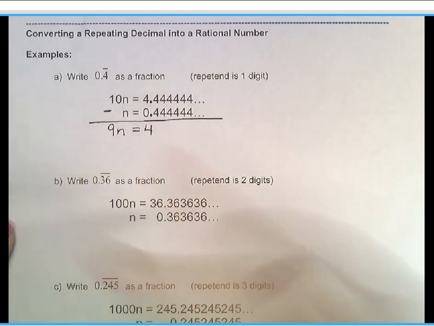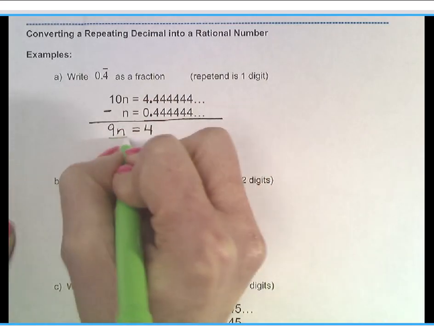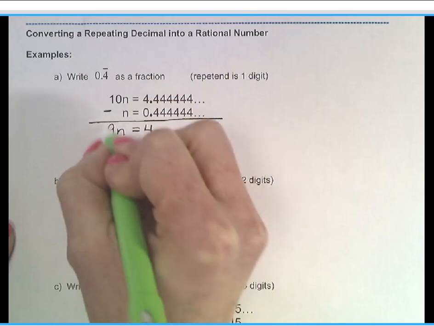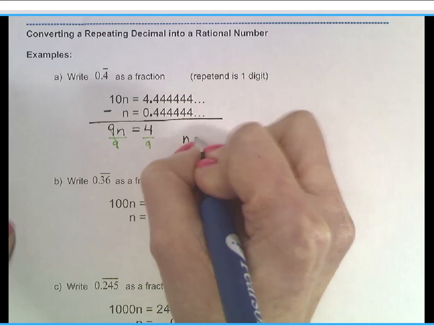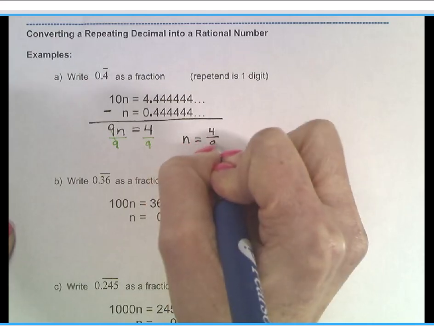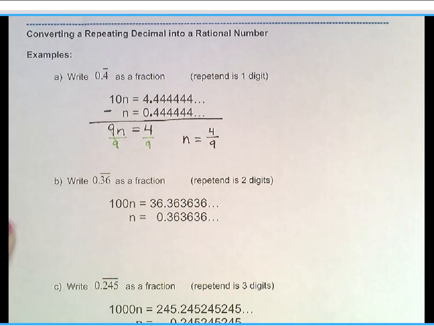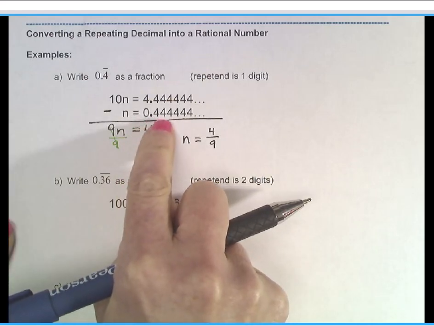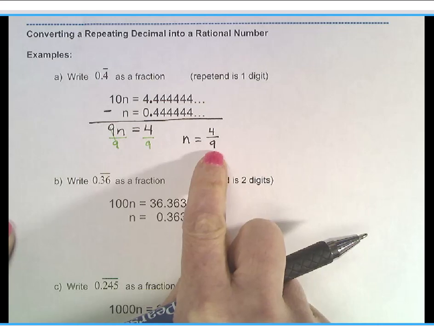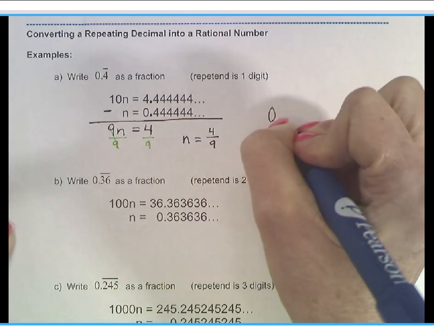And that I can solve really easily. You just have to divide by 9. And so what do we suddenly have? We have that the number n is 4/9. So 0.44444, where the 4 repeats, can be written as a fraction as 4/9.